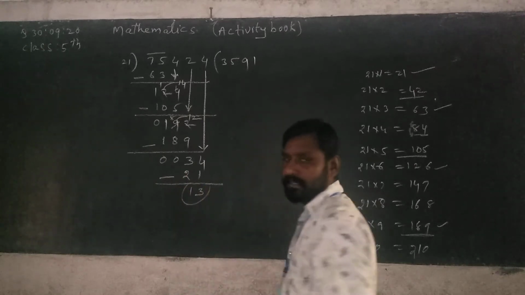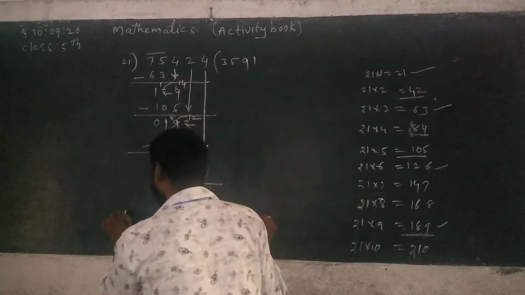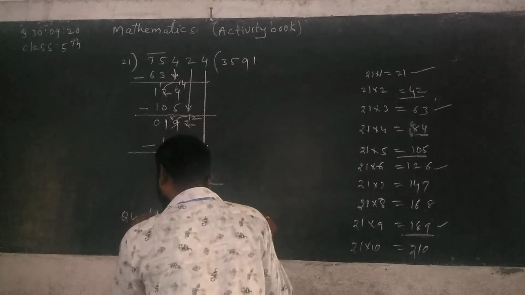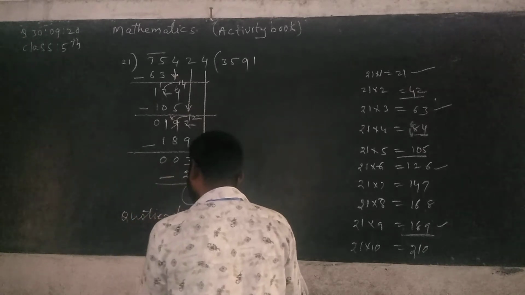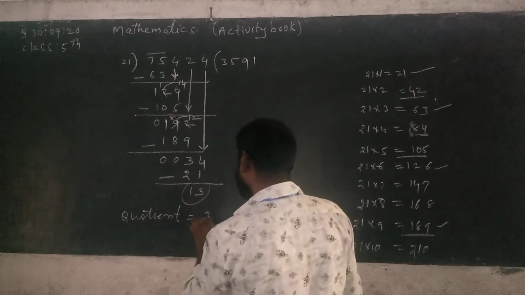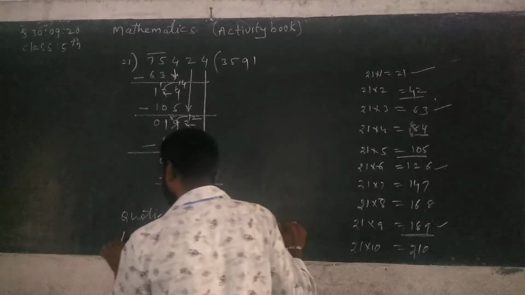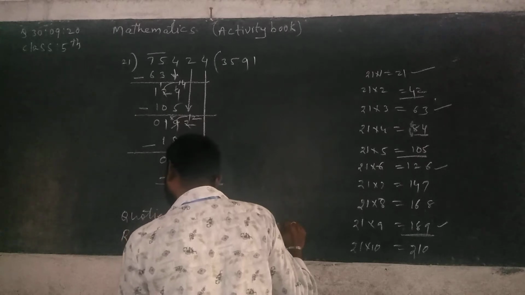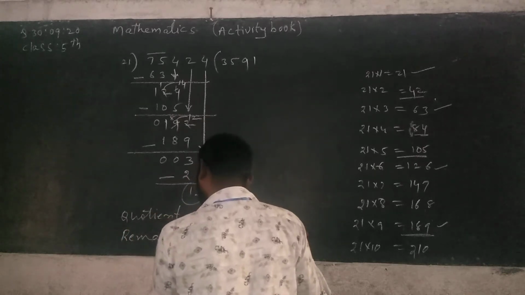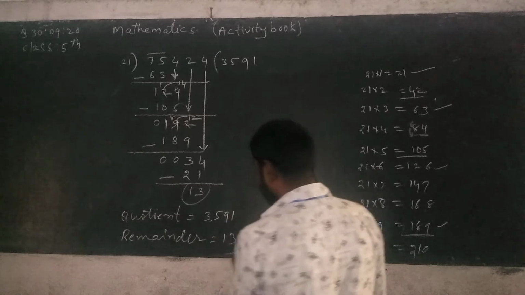That is the remainder. So here, quotient is equal to 3591. Next, remainder is equal to 30.